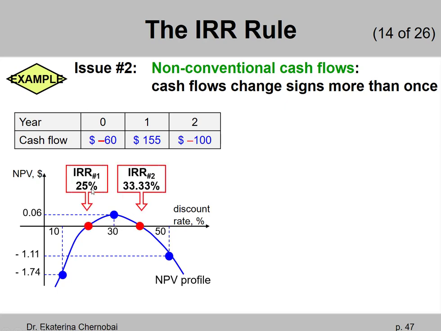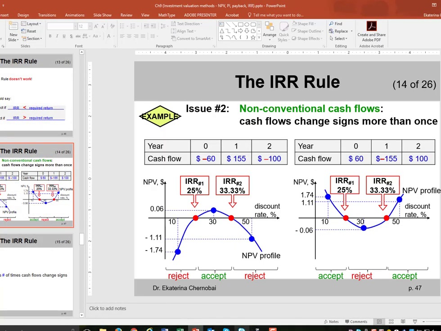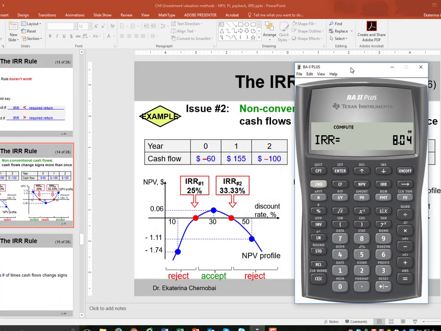The IRRs in this particular example are 25% and 33.33%. By the way, if you try this in the financial calculator, let's do it together. Let me move it here. Second plus minus enter. I've just cleared everything.